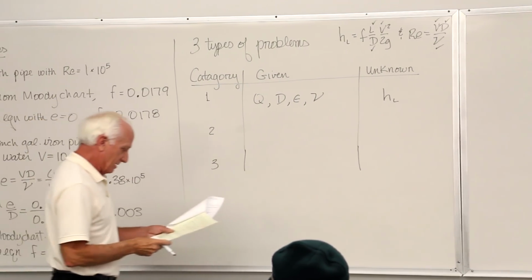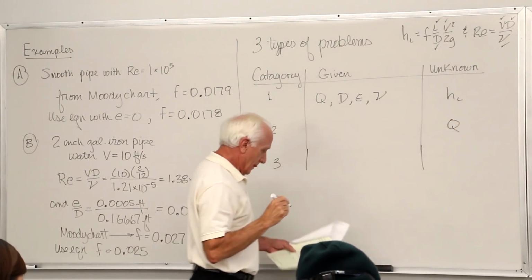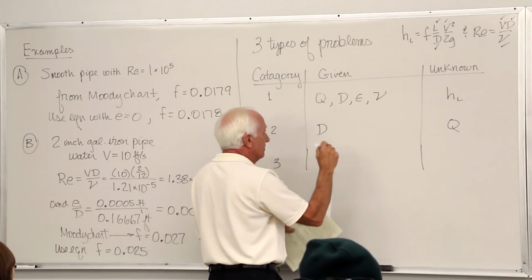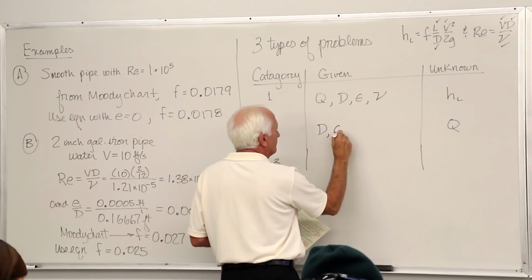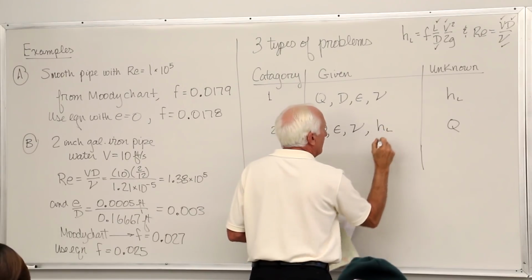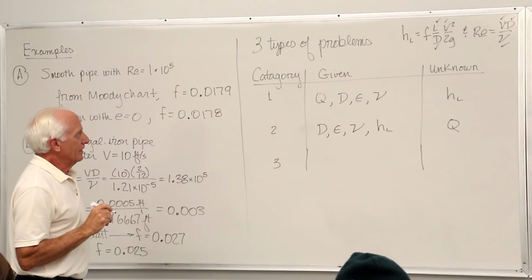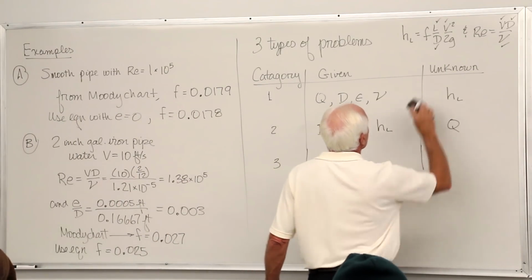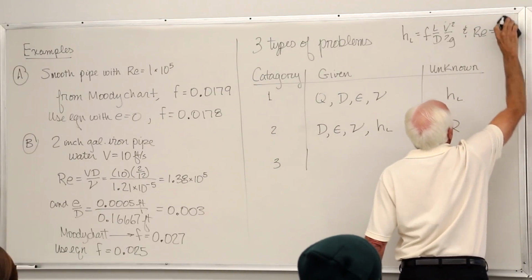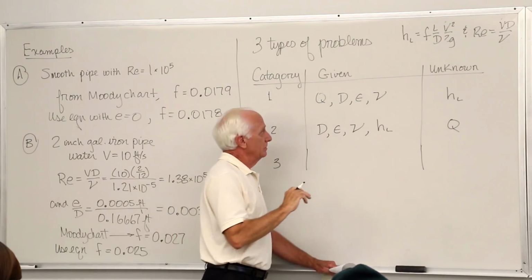Okay, second kind of problem. Now I don't know Q, unknown. But I do know the pipe diameter. I do know epsilon. I do know nu. And I do know H sub L. Okay? So, let's put up here again, put a check mark by what we know.